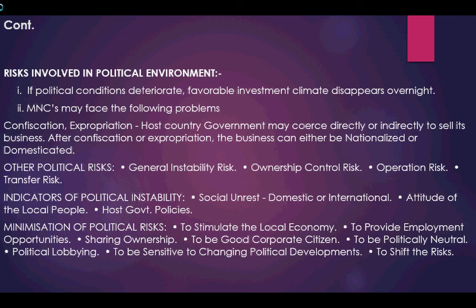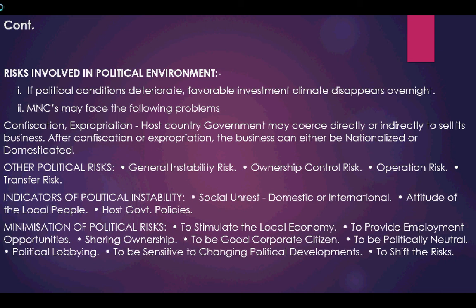Take those firms doing business in India. If the Indian government suddenly takes the decision to confiscate all the MNCs operating in that region, obviously there is a risk involved for the multinational companies operating in our country. So confiscation is one of the challenges.